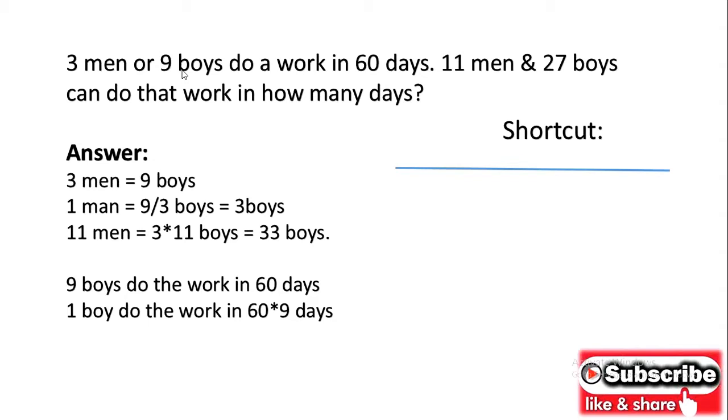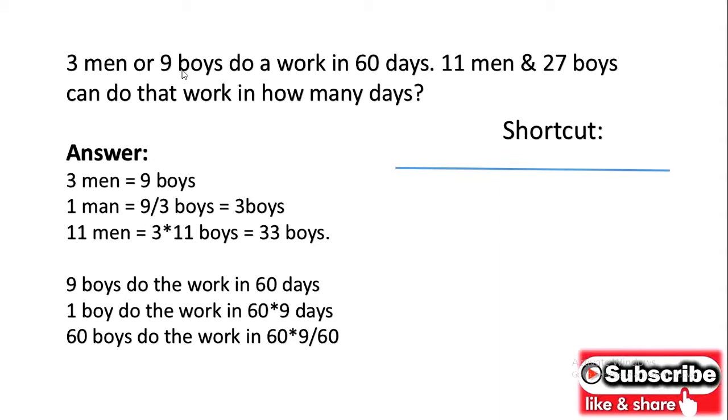Now 60 boys do the work. So if 1 boy does the work in that many days, 60 boys will take fewer time than one single boy. Okay, so then it will be division, right? So 60 multiplied by 9 divided by 60. This is the basic knowledge of this sort of maths, right?